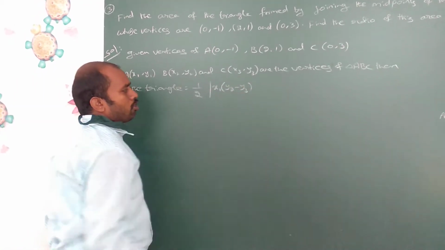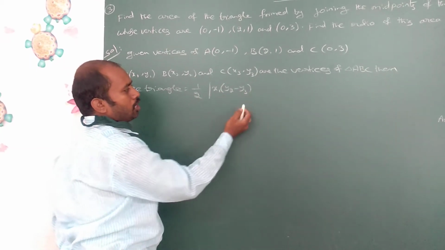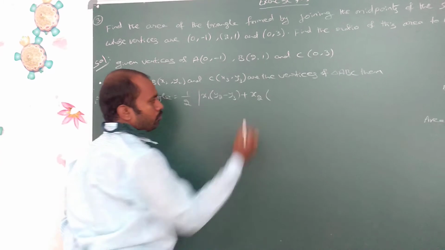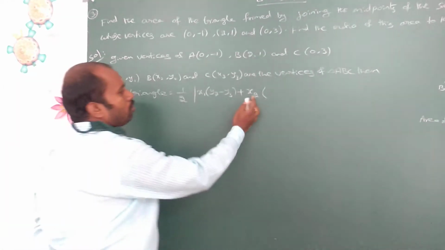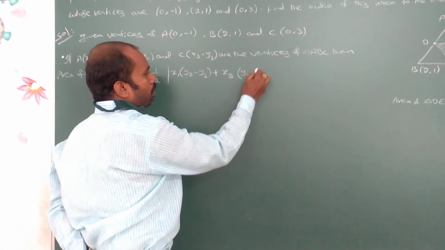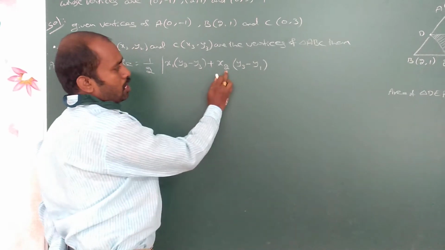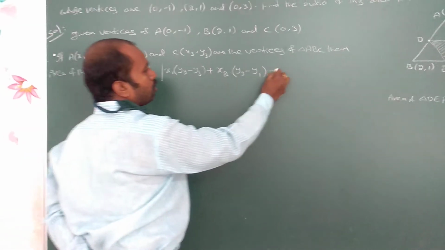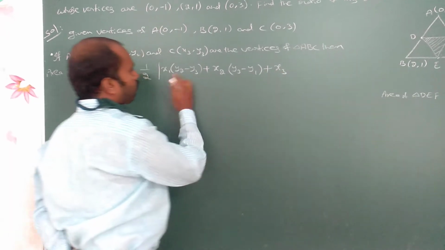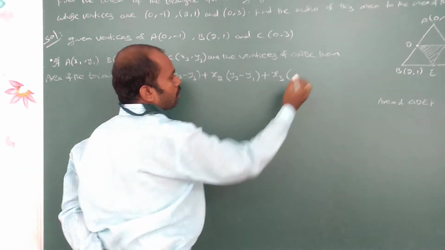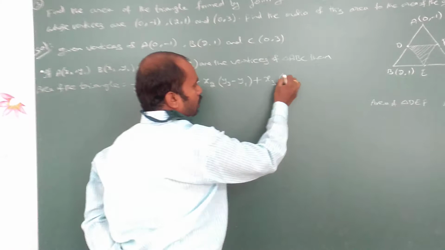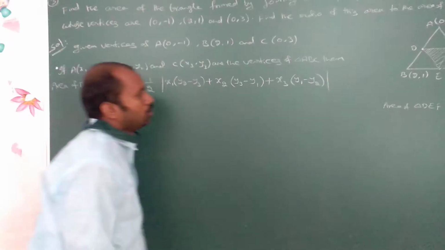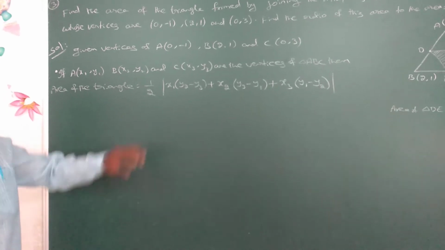How to remember? The order is 1, 2, 3, plus x1 completed. Next, the second term starts with x2 into (y3 minus y1). Second starts with 2, after 3 comes 1, so 2, 3, 1. Plus x3 into (y1 minus y2), the third term. Modulus close. This is the area of the triangle.